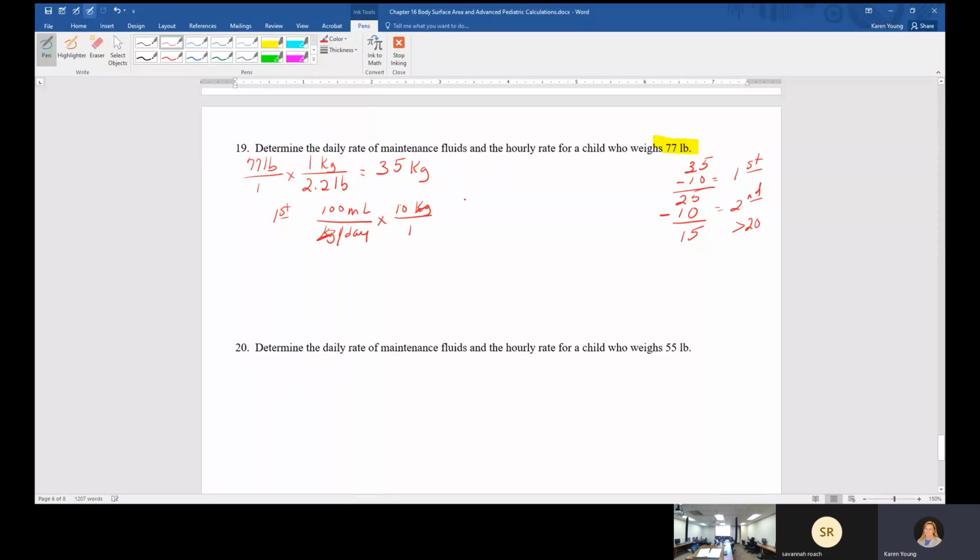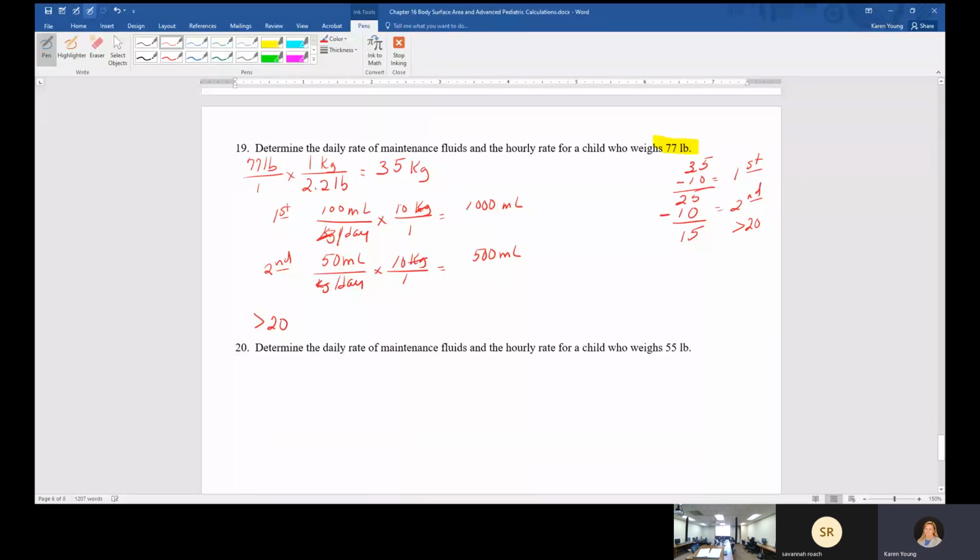So my kilograms cancel, and I have 1,000 milliliters. Then for the second 10, it's 50 milliliters per kilogram per day. And so we had another 10 we could take out. That's over 10. Kilograms cancel. That gives me 500 milliliters per day.